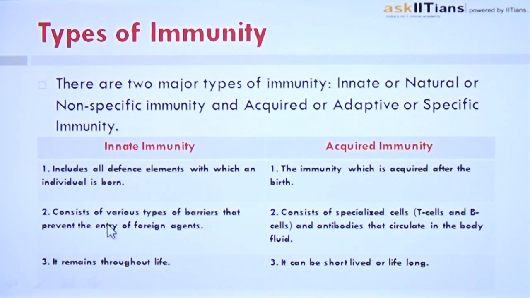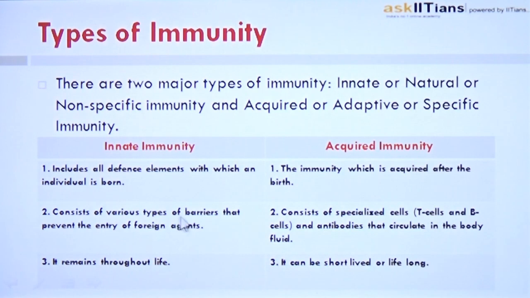Innate immunity consists of various types of barriers that prevent the entry of foreign agents or foreign particles. In case of acquired immunity, it consists of specialized cells.